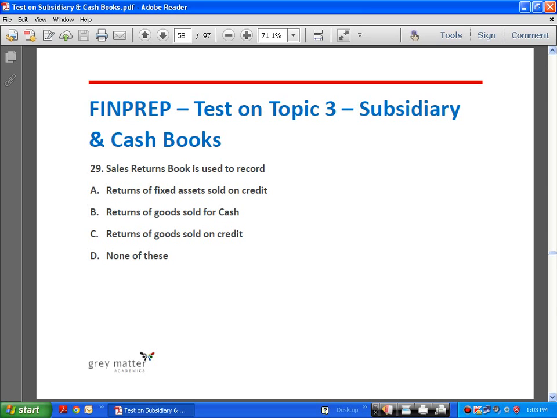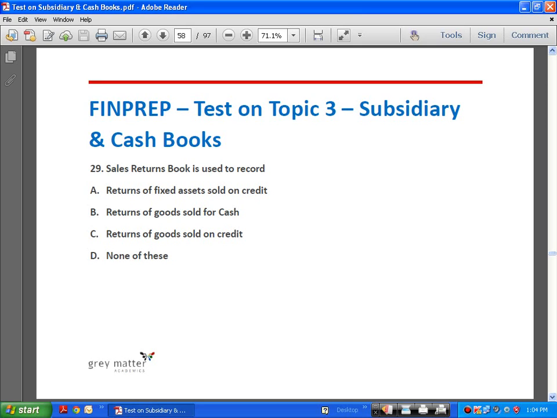Next, sales returns book is used to record what? See, the sales book is used to record credit sales of all goods, and so sales returns book is used to record the sales returns of goods that have been sold on credit.